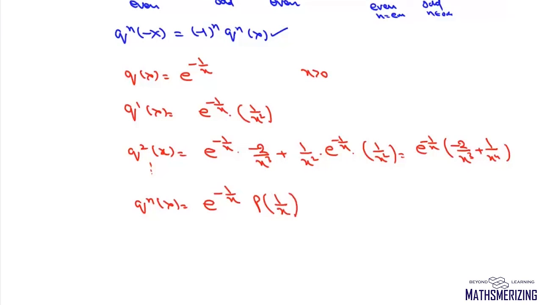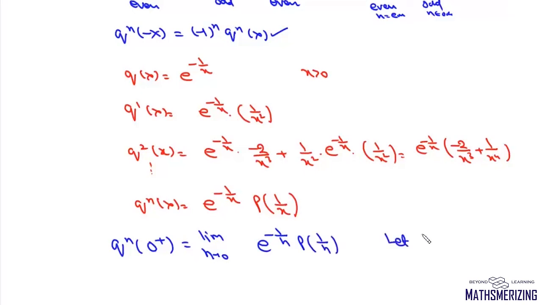Now if we have to find q^(n)(0) positive, it will be this limit h tends to 0 e to the power minus 1 by h p(1 by h).